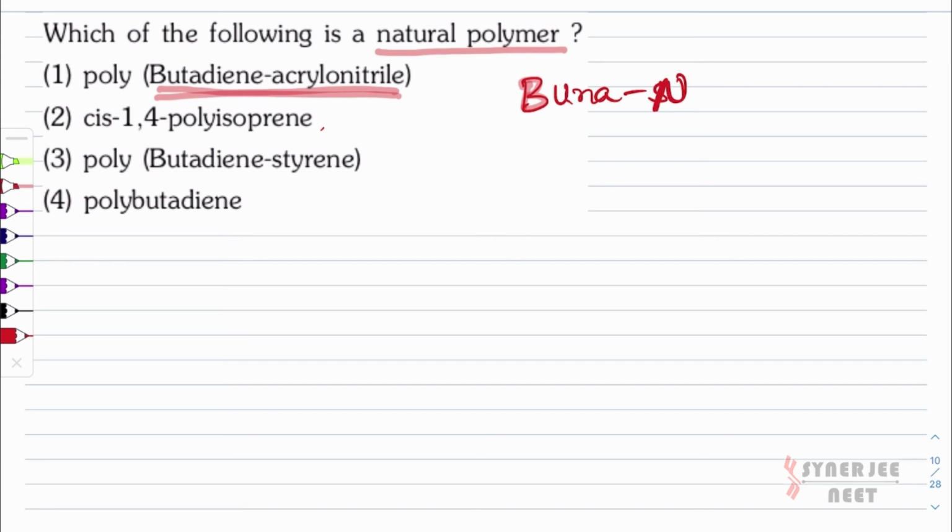So here Buna N. Here Bu represents the butadiene and N represents the acrylonitrile, and here Na is sodium used in its preparation. That's why the name is given as Buna N. So it is a synthetic polymer.